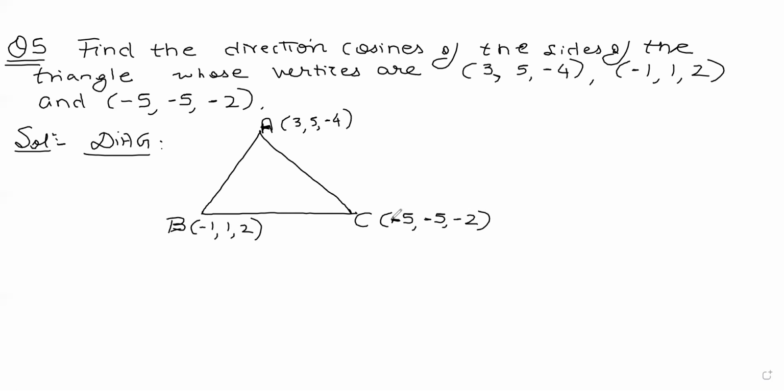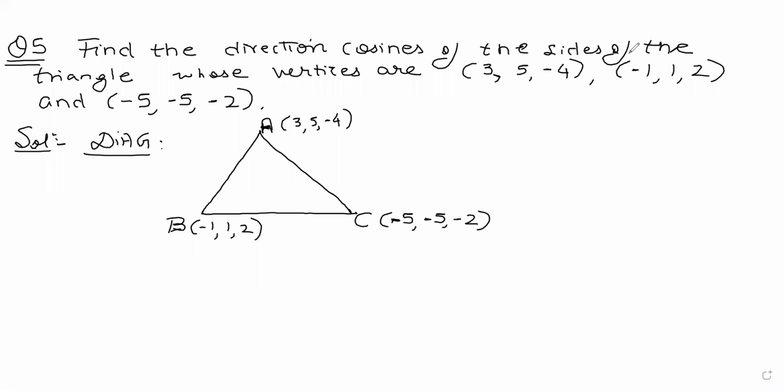Okay, so let's work this out. Now, what is the question asking us? We need to find the direction cosines of the sides of the triangle. So guys, first of all, let's first find the direction ratios.